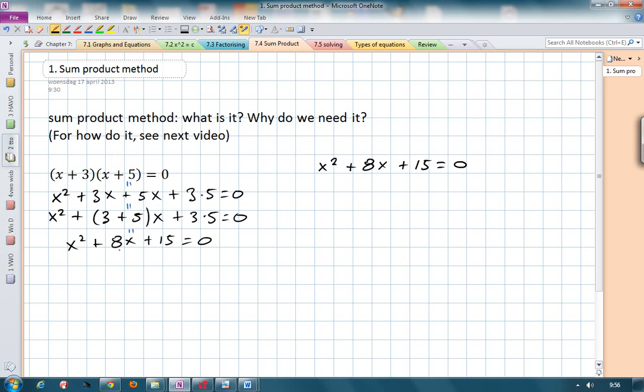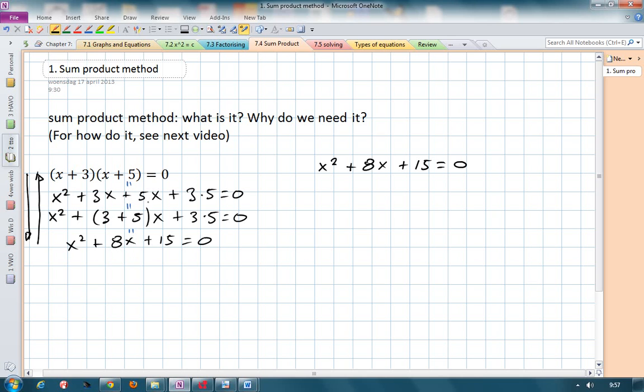What this has made clear is the way that we would be able to solve this is, of course, to undo this multiplying out of brackets. And in fact, instead of going from here to here like I did, we go from here back to there. Do this and then say x equals minus 3 or x equals minus 5. The question is, how do we do that?